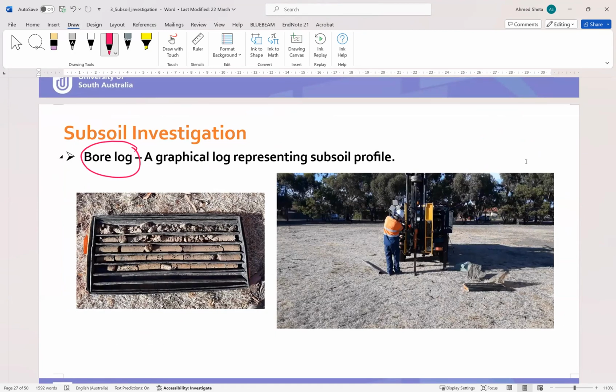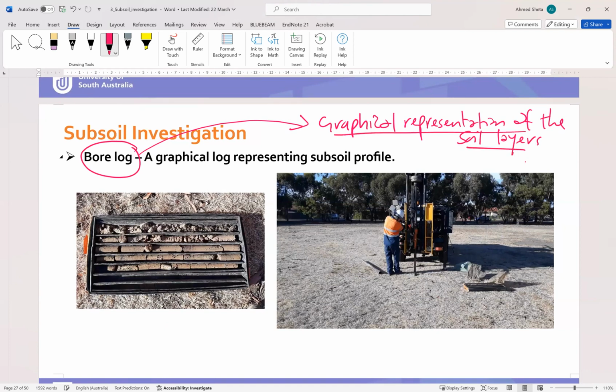The bore log is like a graphical representation of the soil layers, and this will be obtained using the drilling technique.